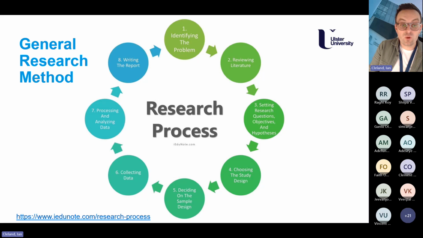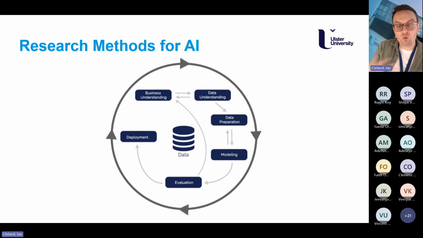As you're moving through your project, you can keep a method like this in mind, and then think about how you might approach each of these in terms of your research methodology. And if you are doing a more AI type project, there are some more specific research methods that you can use. This one, for example, maybe some people are familiar with, is called the CRISP-DM model.